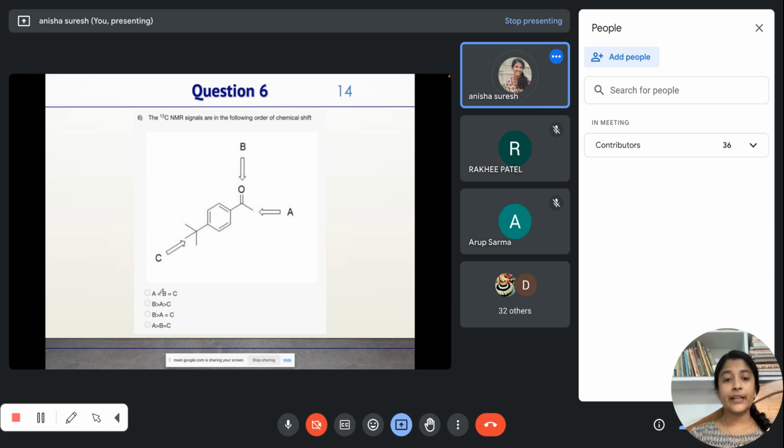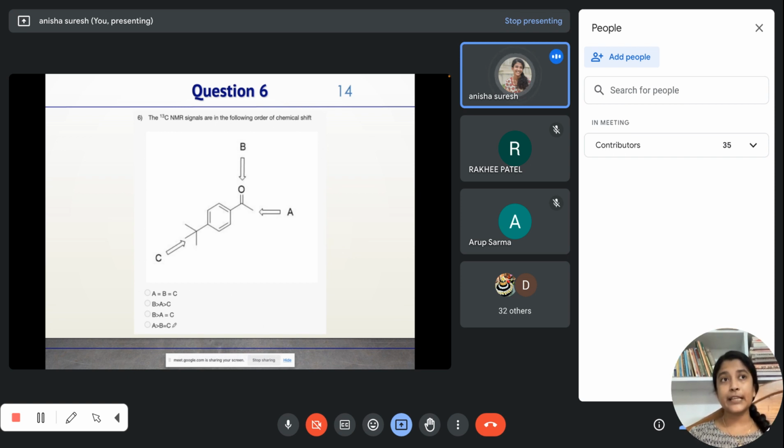Option A where A equal to B equal to C. Option B where B greater than A greater than C. Option C B greater than A equal to C, and option D A greater than B equal to C. So what is the correct answer to this question? What will be the order of chemical shift?